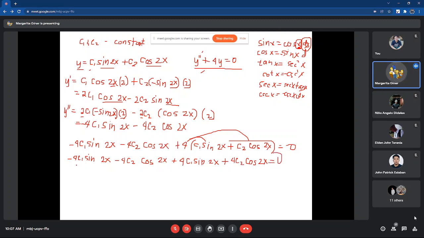So you notice here, the negative 4 C1 sine 2x and the positive 4 C1 sine 2x cancel, and the negative 4 C2 cosine 2x and the positive one also cancel. So it becomes 0, so 0 is equal to 0. So this is a solution.